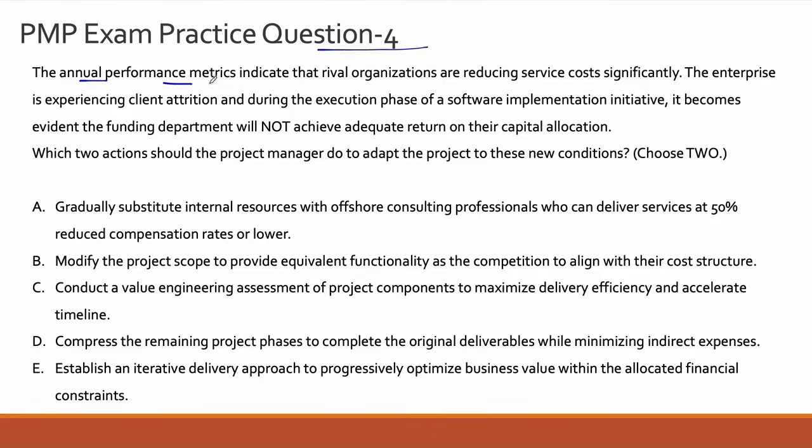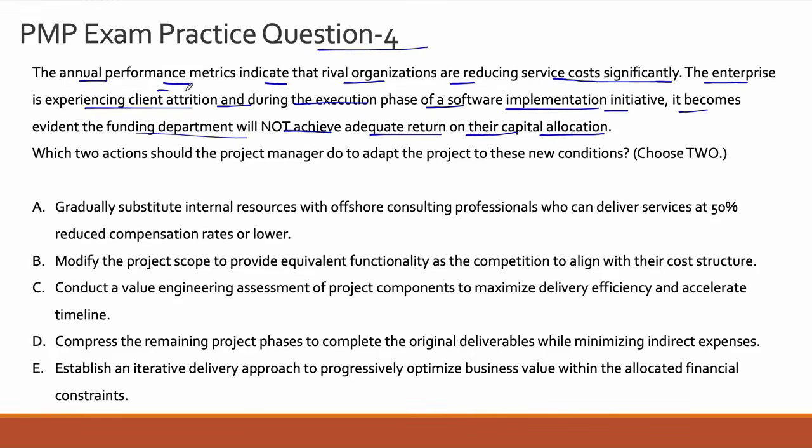The annual performance metrics indicate that rival organizations are reducing service costs significantly for a business. Okay, so the enterprise is experiencing client attrition during the execution phase of a software implementation initiative, and it becomes evident that the funding department will not achieve adequate return on their capital allocation.